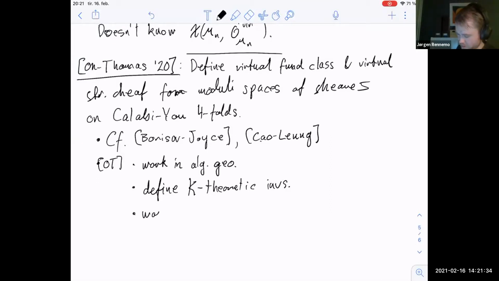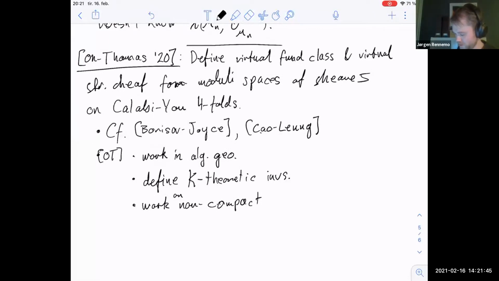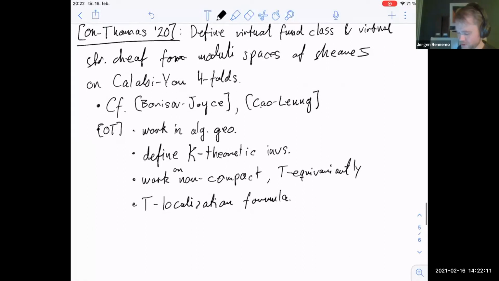They can also work on non-compact things, which I'm not entirely sure might have been doable with the previous setups, and they also work T-equivariantly. And crucially, we have a T-localization formula. In the end, we'll see this is not an ad hoc definition, it turns out to be a computation.